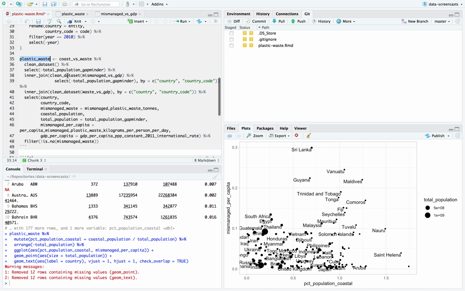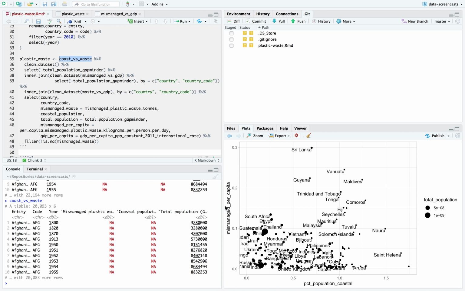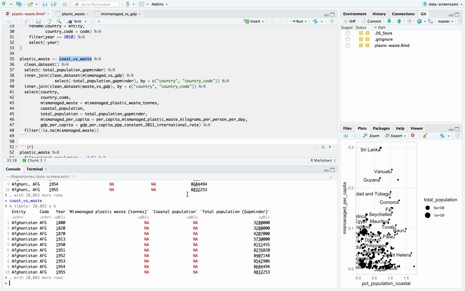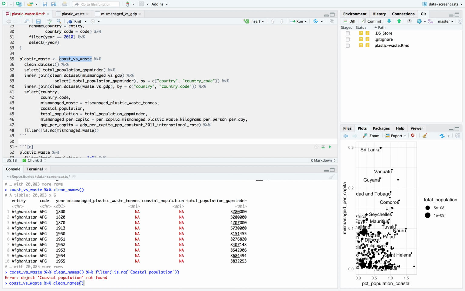Let me take another look at the data set that was called coast versus waste. If I look just at this one, oh, that's right, they've been cleaned.